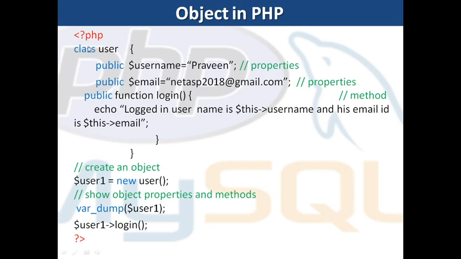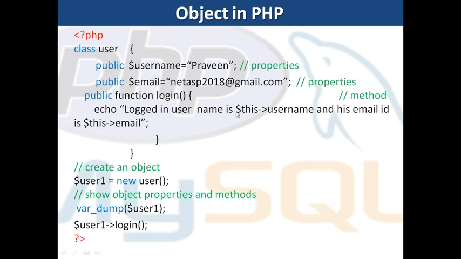So here we have declared a class using the class keyword, User class, and then two properties have been defined: $username given a static value of Praveen, and another property of the user class is $email. We have a method login which is printing the logged in user name.